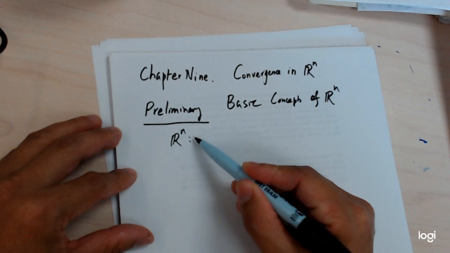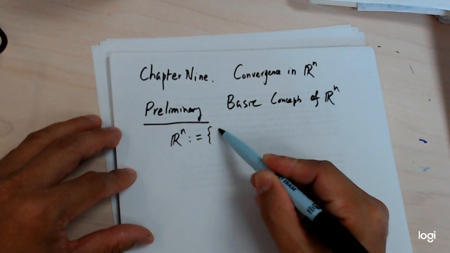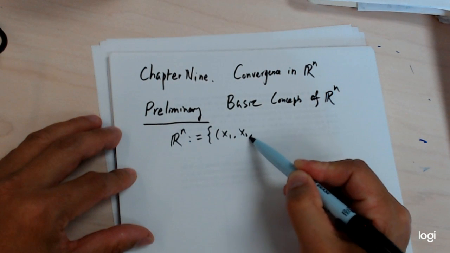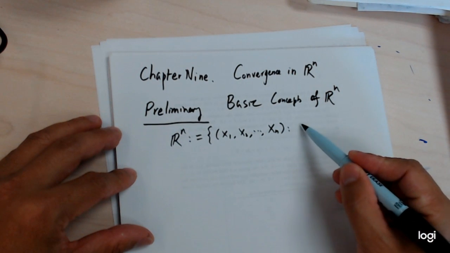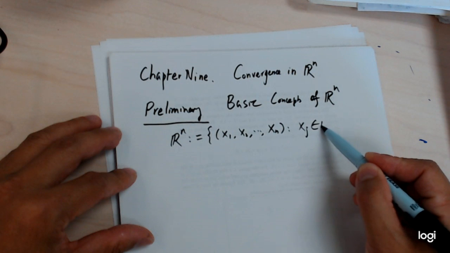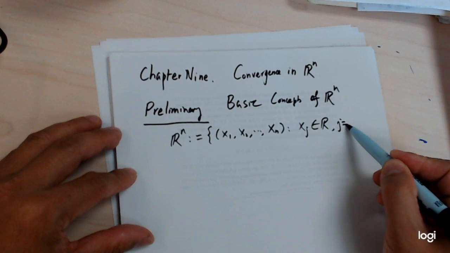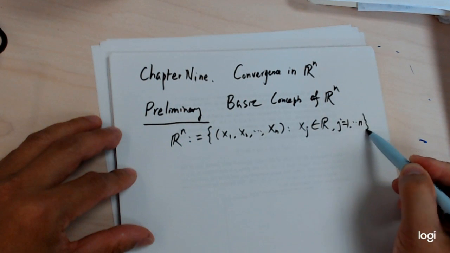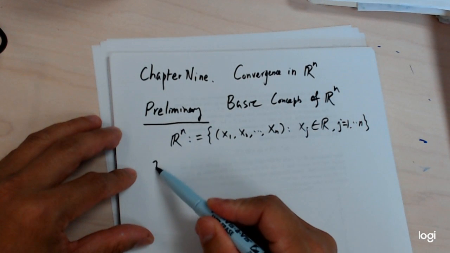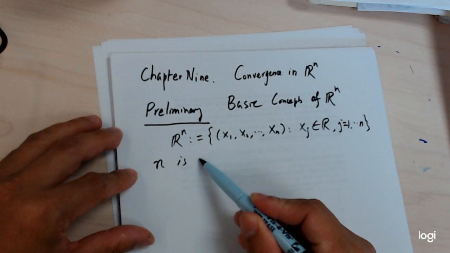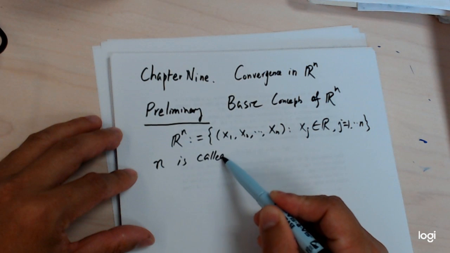So this set is defined to be the collection of all the points that have, essentially, n coordinates, and all those components are real. N here, the number of components, is called the dimension.